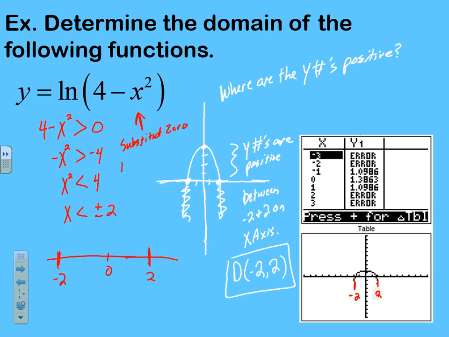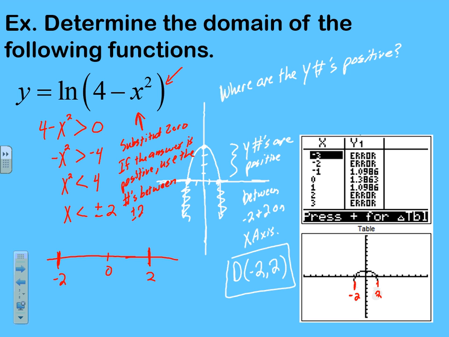And if the answer is positive, I'm going to only use the numbers between positive and negative 2. Conversely, if the answer was a negative number, we would use anything but the numbers that would be between positive and negative 2. So again, let me just put that here.